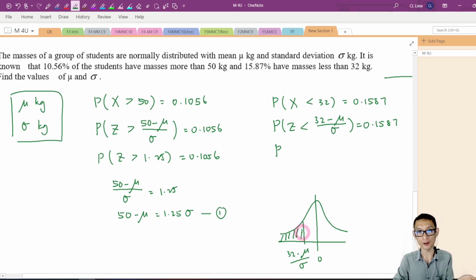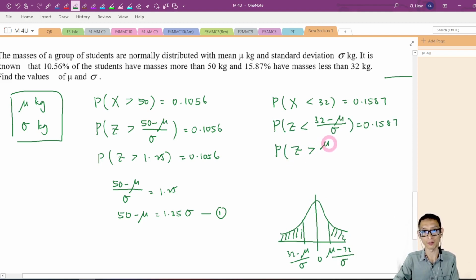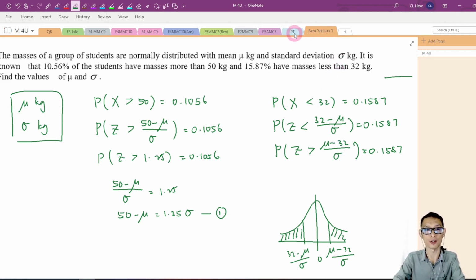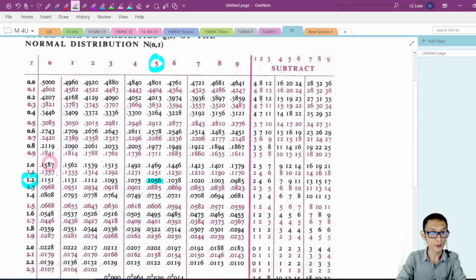I'm going to reflect this part onto the right hand side, and here we have mean minus 32 divided by standard deviation. Start from inside, 0.1587, which is equal to 1.00.